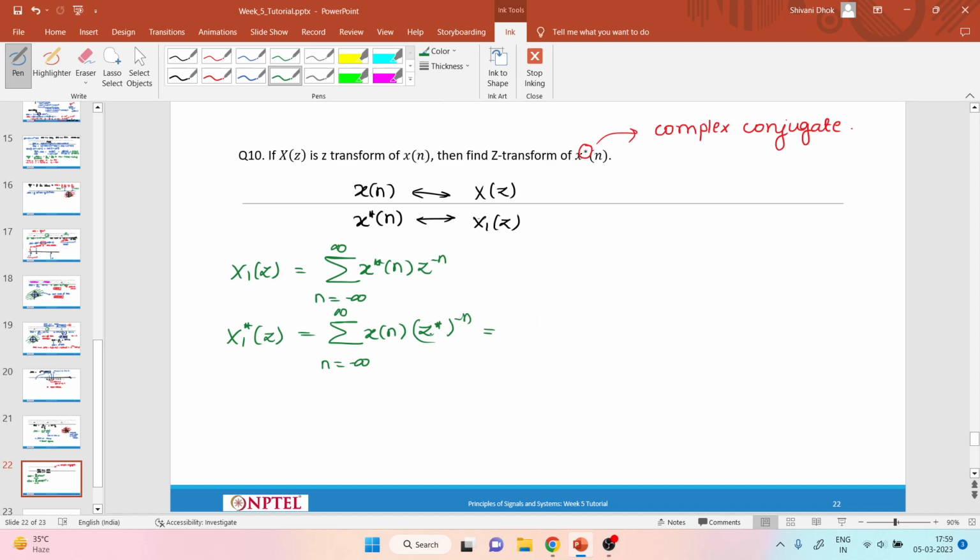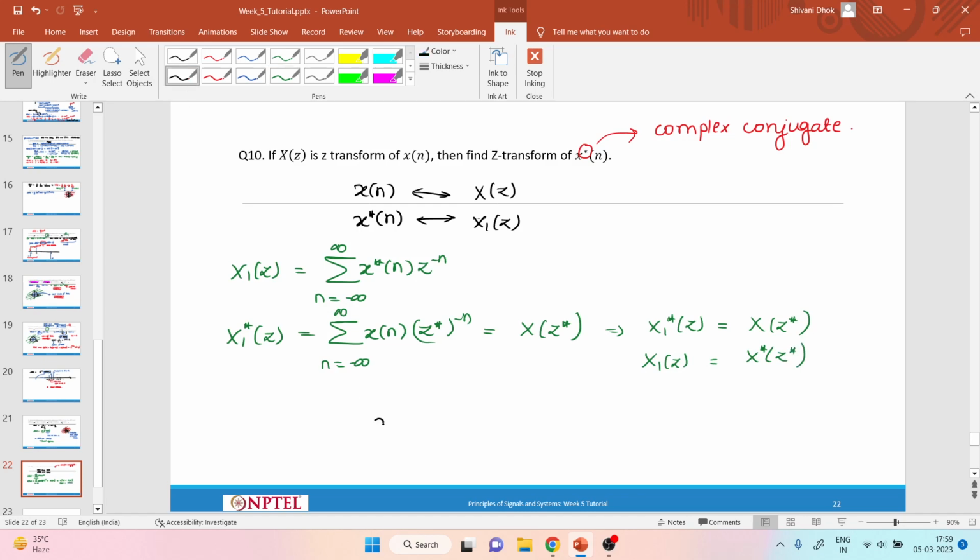If you observe carefully, this is simply equal to x of z conjugate, which means that x1 conjugate of z is equal to x of z conjugate, which means that x1 of z is equal to x conjugate of z conjugate.